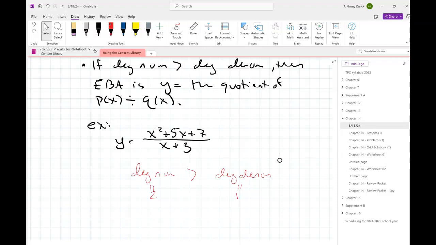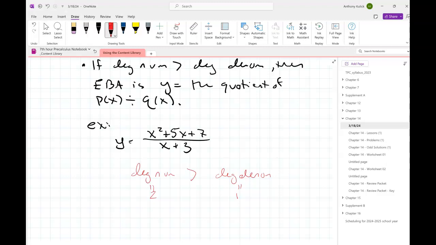How do you want to do that polynomial division? What are the two ways I have to do polynomial division? Long division or? Great. Which one should I use in this case?